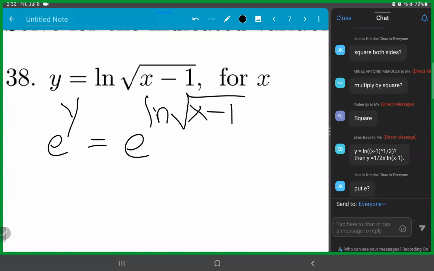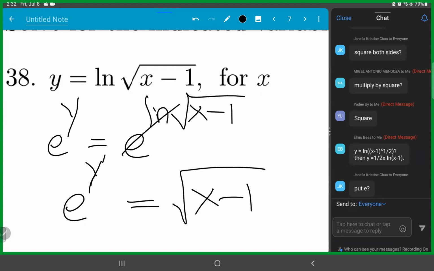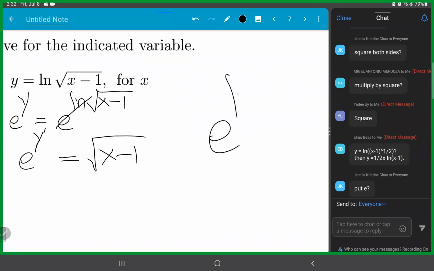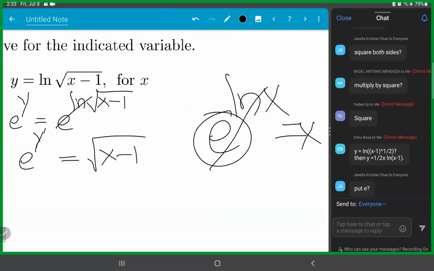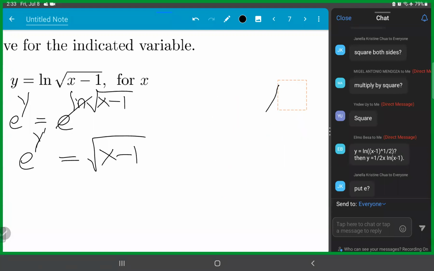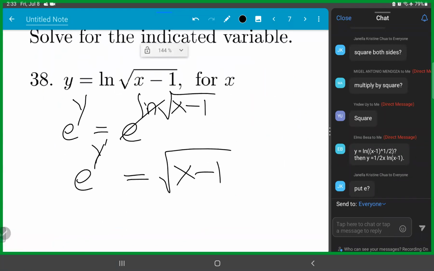And because exponential e and logarithmic e, mawawala si ln. Mapapalabas muna yung square root. E to the ln x equals x. Base e, logarithm e. So, exponential e, logarithmic e.